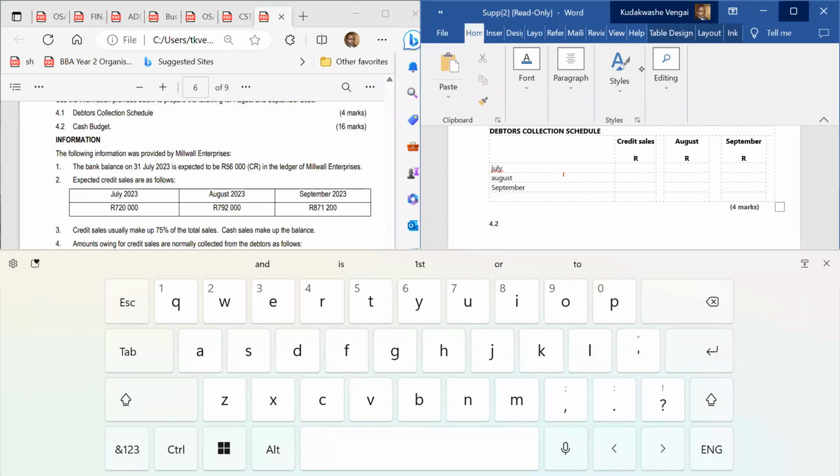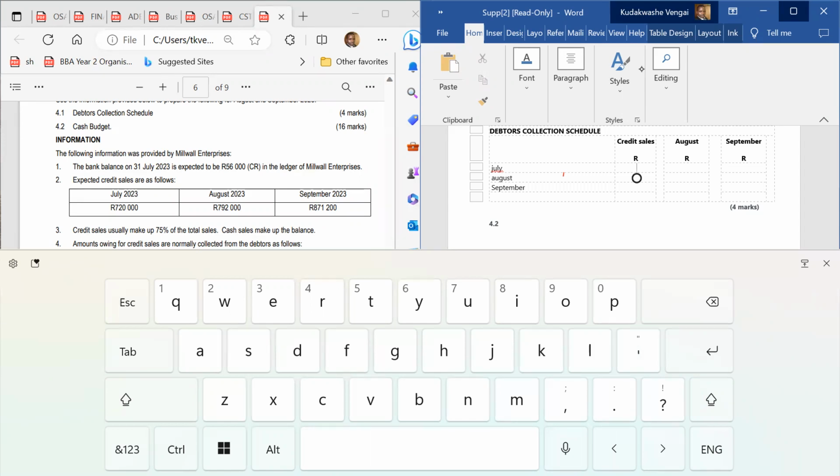Remember, a data collection schedule is simply asking how much of the data did you collect in a specific month. We want to know what were the credit sales for July, for August, and for September. If we check the information, point number 2 says expected credit sales are as follows, which means we are already given the credit sales.